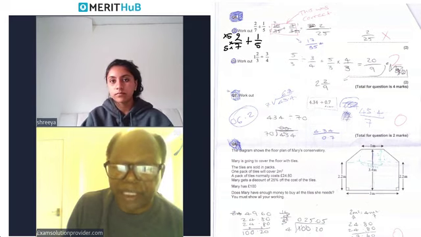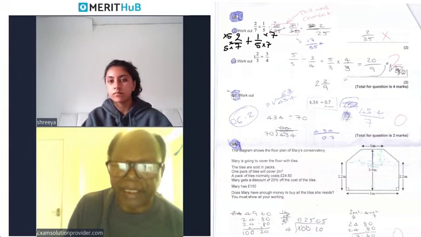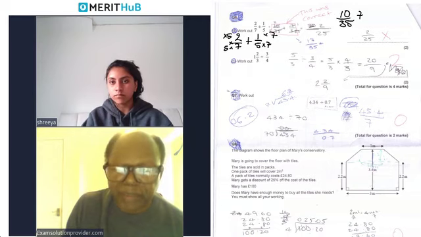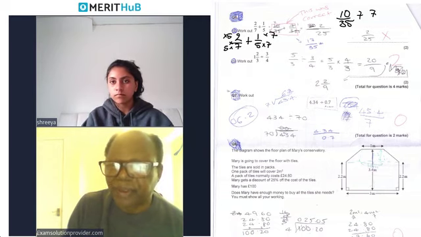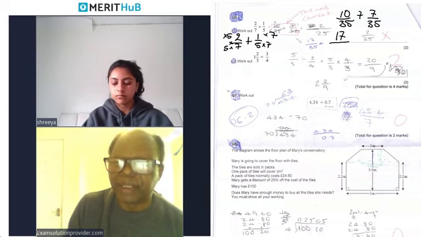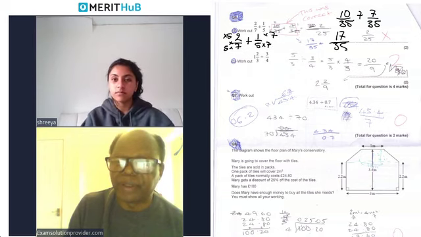This one, we need to make 35, so we multiply by 7, and also by 7 at the top. 5 times 2 is 10, so now it's 10 over 35 plus 7 times 1 is 7 over 7 times 5 is 35. Once you have that, you just add the tops. So 10 plus 7 is 17 over 35. That's it.